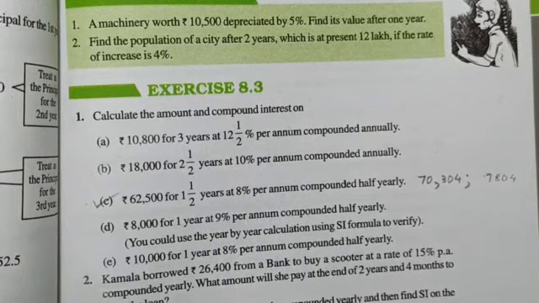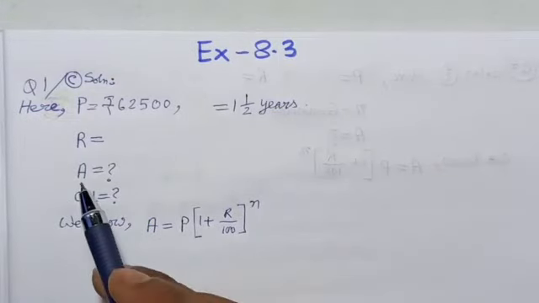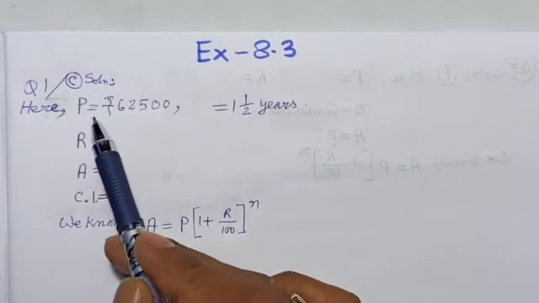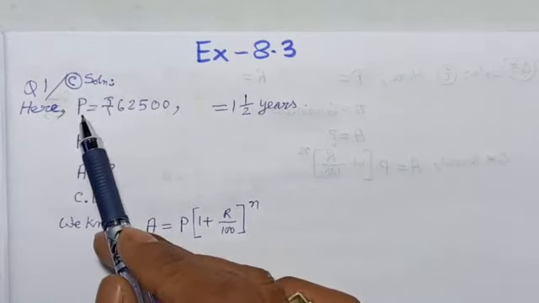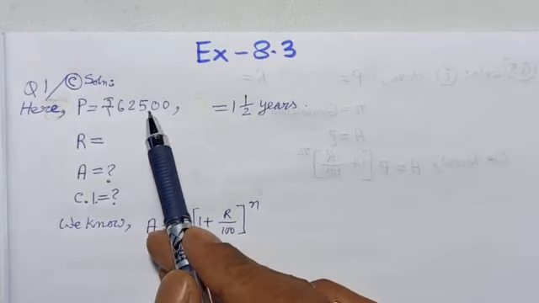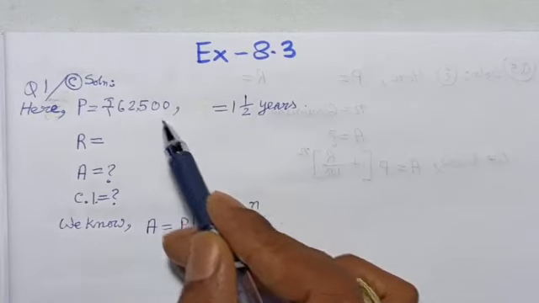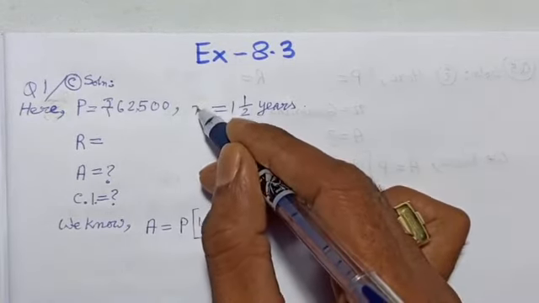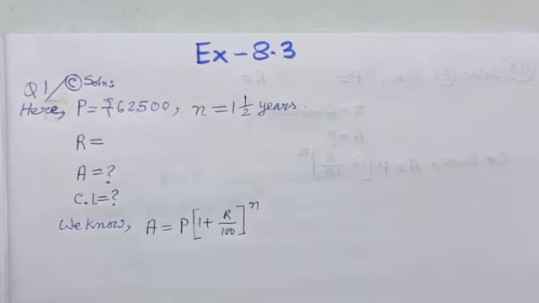Okay, let's try this. Here, in this question number C, principal P is given as rupees 62,500 and time is represented by n, that is 1 1/2 years.